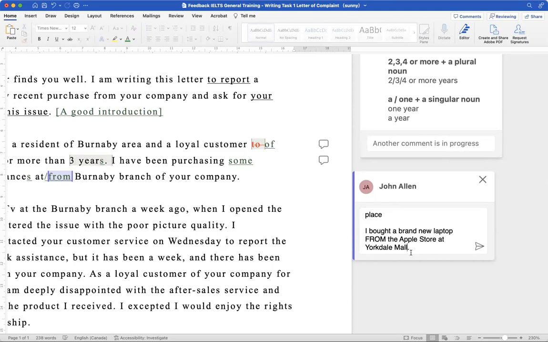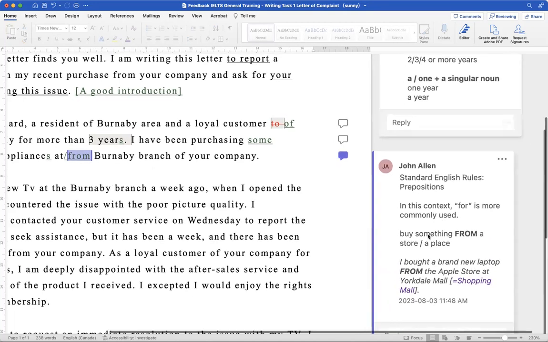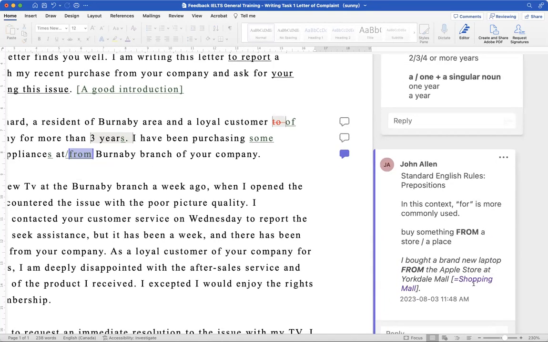So mall is the same as shopping mall. So here I said I bought a brand new laptop, buy something from a place, from a store. And I used at for a certain location. So for example, this store is located at Yorkdale Mall. This is our structure.